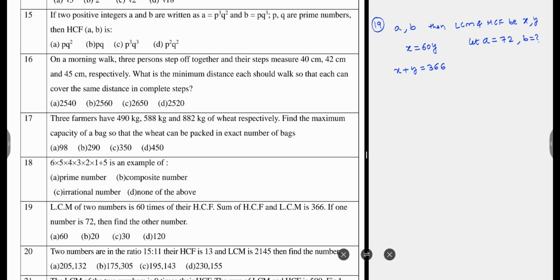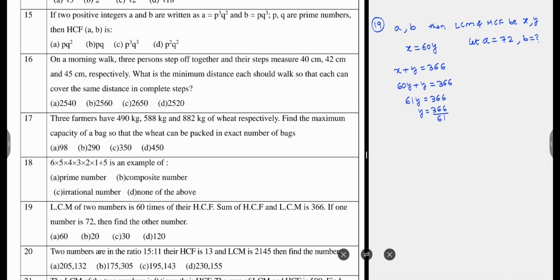First let us find out what X and Y are. In the place of X we can write 60Y. So 60Y plus Y is equal to 366. So 61Y is equal to 366. So Y is equal to 366 by 61.